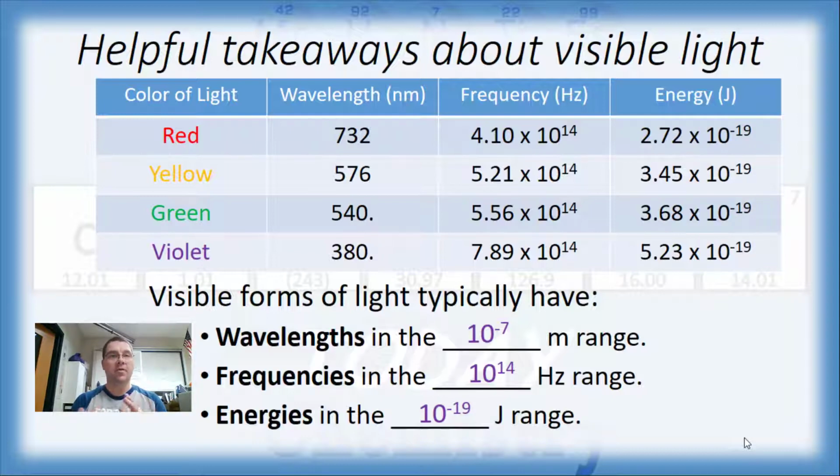Now realize there might be a little bit of variability if you're at the extremes of these magnitudes, like 1 times something or 9 times the 10 to the negative 19th or 10 to the 14th, whichever value you're looking at. You may be slightly outside the visible range, but it's a pretty good bet that if you see those magnitudes, you're in the visible portion of the spectrum.